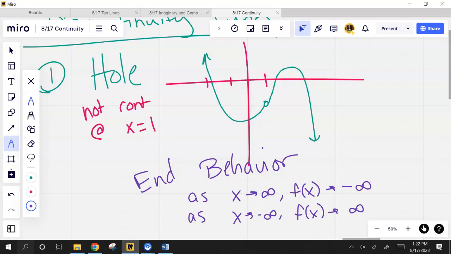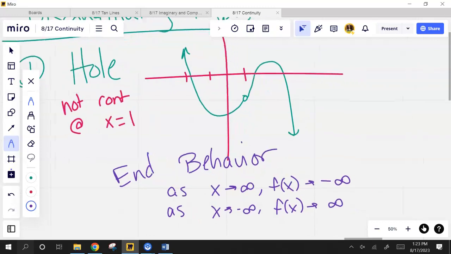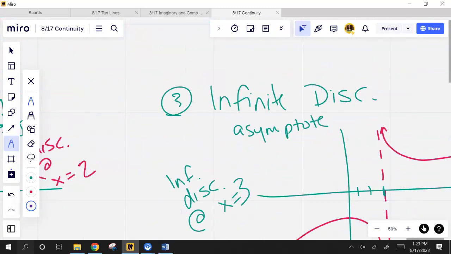Well, wait, let me show you if it goes towards a value. Okay, thank you. Infinite discontinuity.